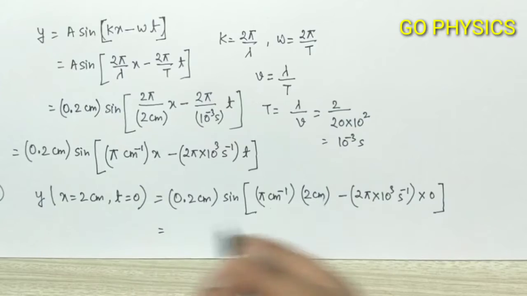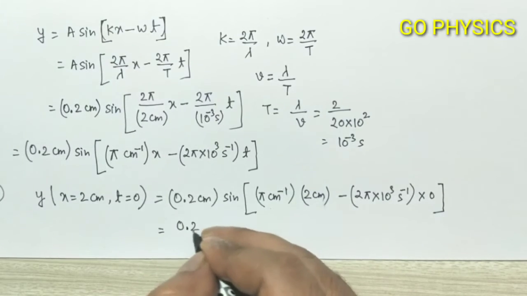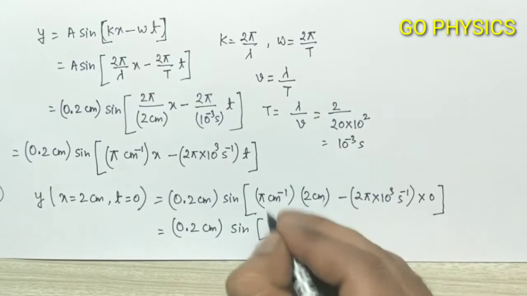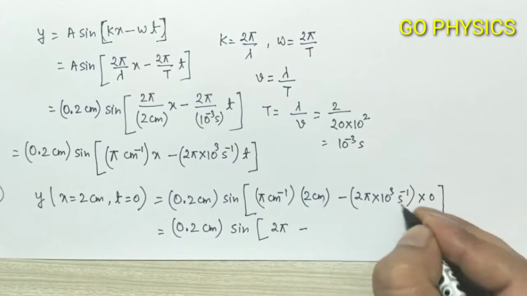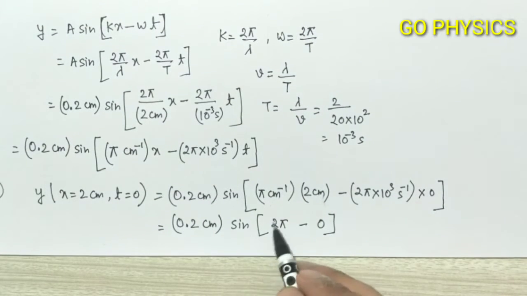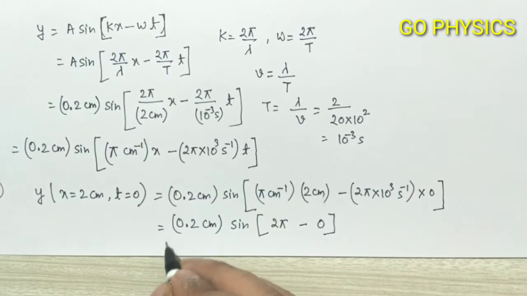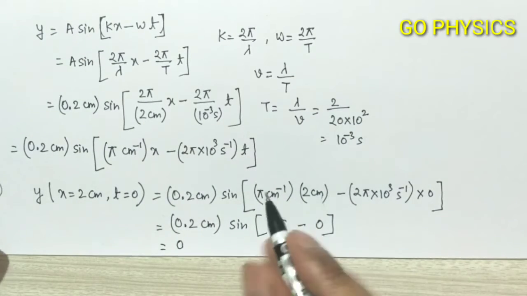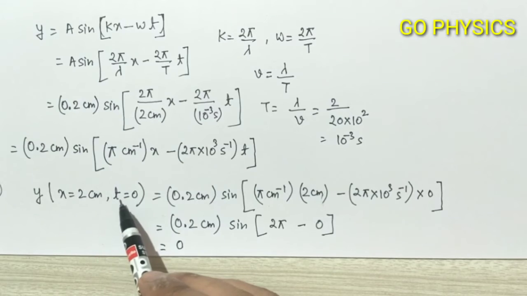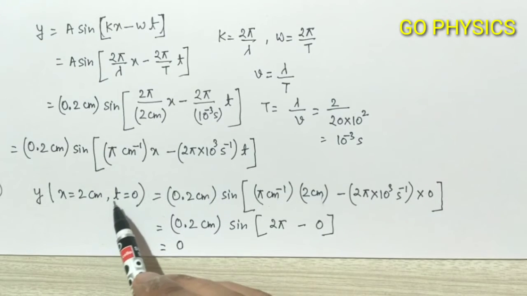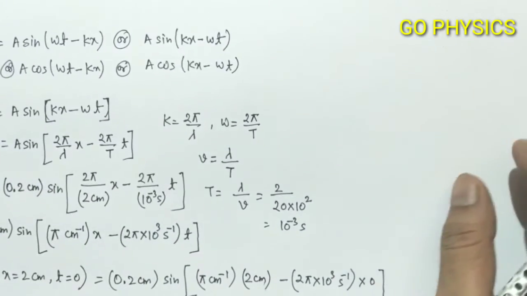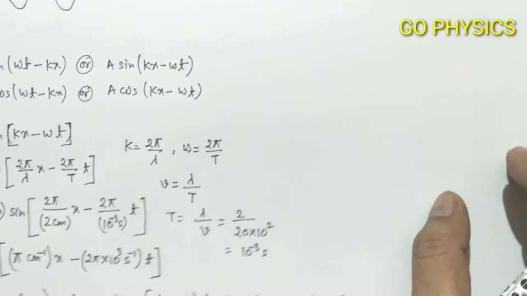Now just simplify this. So 0.2 centimeter sine, this will become 2 pi and this will become 0, and the value of sine 2 pi is 0. So 0 multiplied by 0.2 centimeter will be 0. It means that the particle present at x equal to 2 centimeter at t equal to 0 is at its mean position.